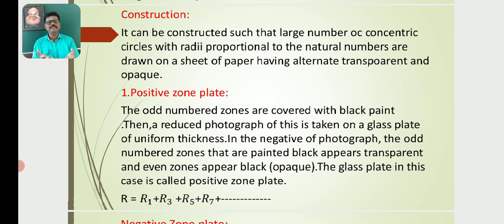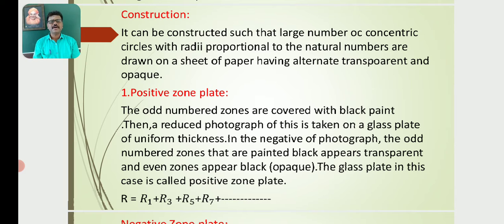They take a photograph of that sheet and develop the negative of that photograph. In the negative, the odd number zones painted black appear transparent and even zones appear black, opaque. Then the glass plate in this case is called a positive zone plate.